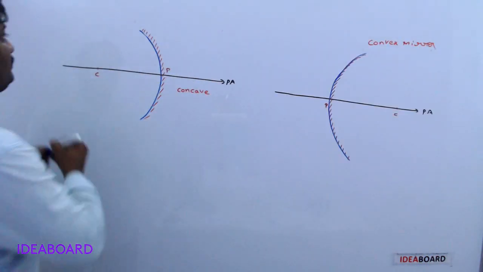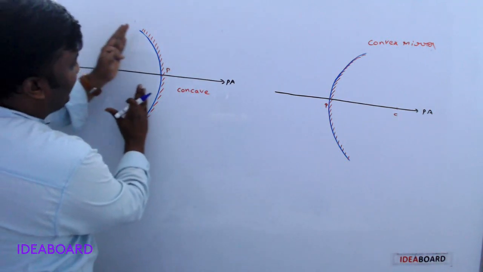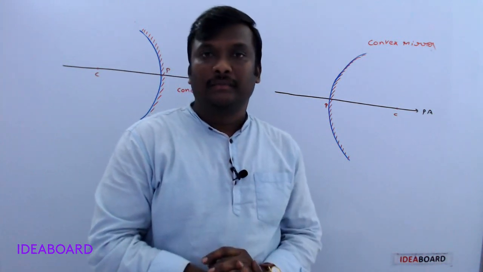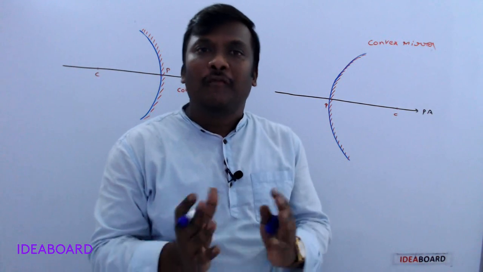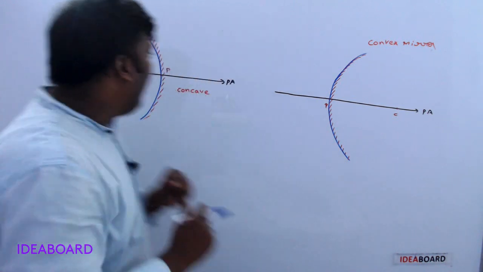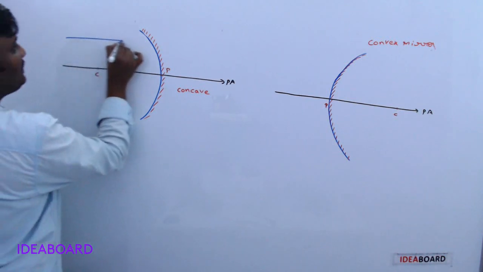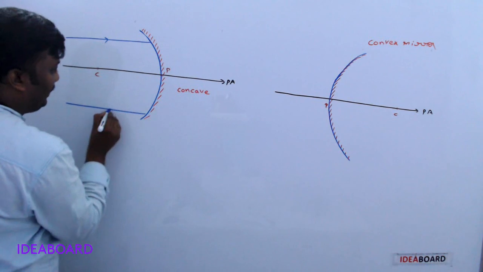Now listen. Suppose a parallel beam of light is incident on the reflecting surface of the concave mirror. A parallel beam of light consists of a large number of light rays. For my convenience, I considered only two light rays. This is one light ray, and it is another light ray.